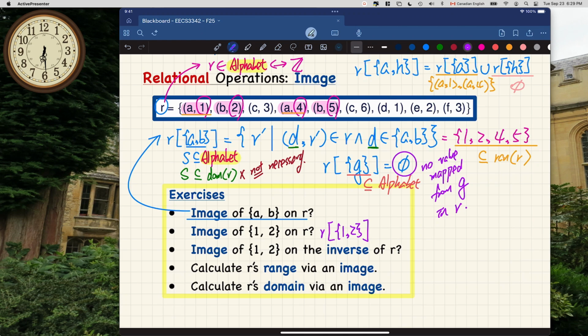This is simply undefined, because you can see this is not a subset of the alphabets. Every element here should be from the first set, the alphabet, but it's not. So it's undefined. Not empty set, by the way. It's different, right? So that's why you want to make a clear distinction.